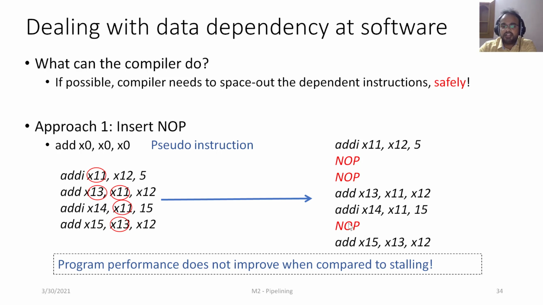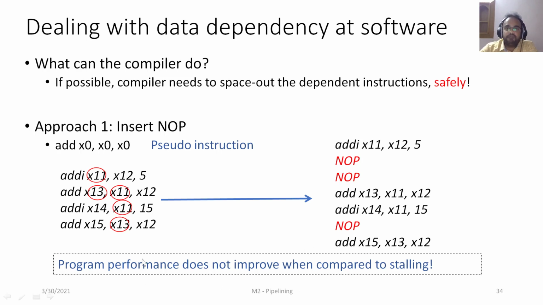Because of this additional no-op, by the time we decode the fourth instruction and try to read x13, the second instruction would be in the write back stage and it would have already updated x13, right? So the compiler will try to space out these instructions so that there is no overlap between their writing and reading, right?